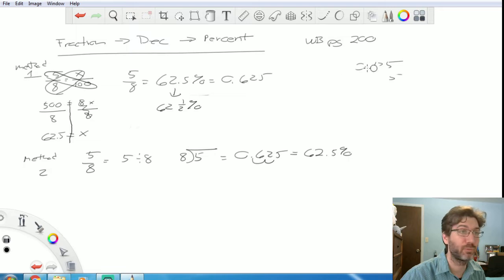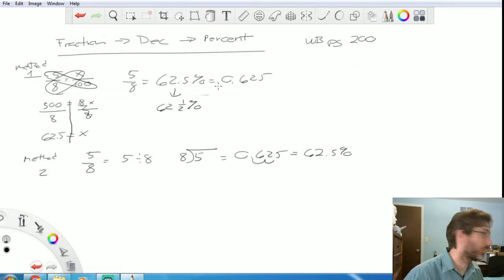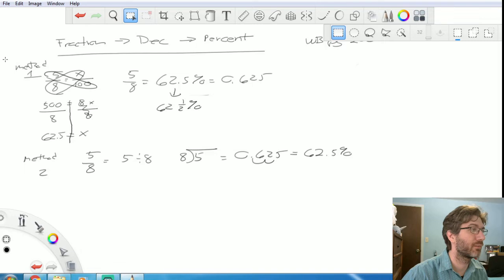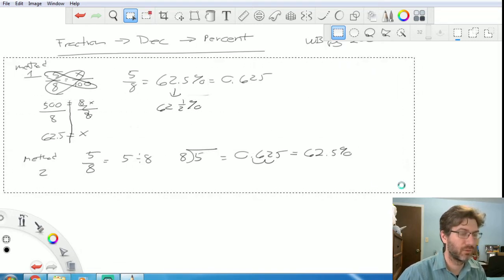Yeah, I thought it was pretty easy. But you can choose either way to do this. It's just asking you for the percent and the decimal. So if you want me to do the one in the book, because everyone's saying, hey, do number 1.